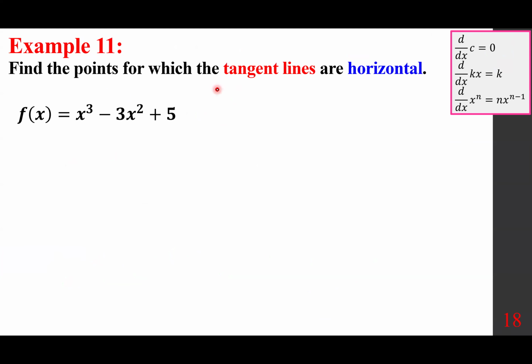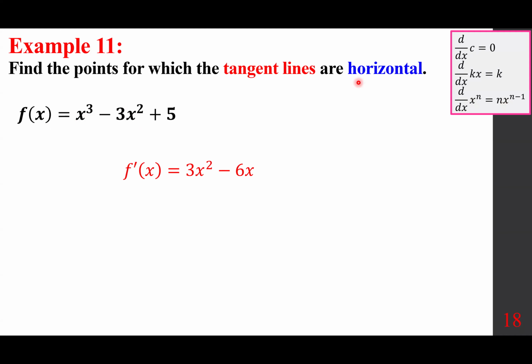Find the points for which the tangent lines are horizontal. When the function is given and you're looking to find the tangent lines, you have to take the derivative. So you find f prime of x, and of course you use the power rule, 3x squared minus 6x.